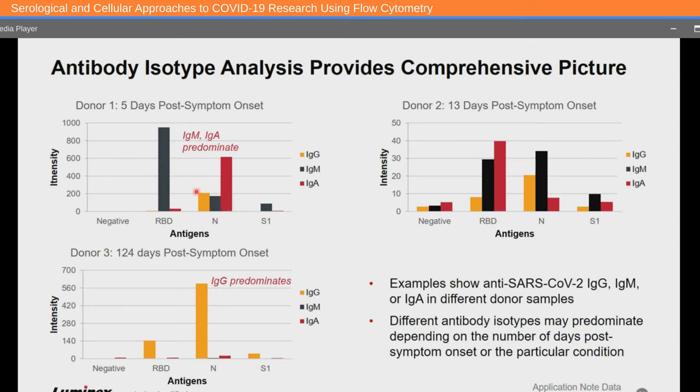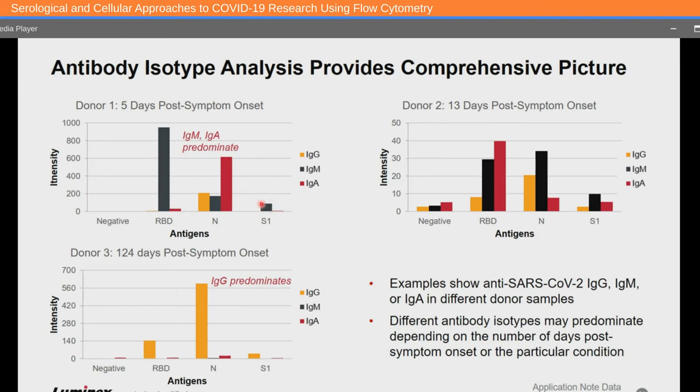But what is really striking is that this donor shows very high levels of IgM antibodies against the RBD antigen. It also shows the presence of an IgA antibody against the nucleocapsid protein. And it's interesting to note that this particular sample showed very high neutralizing activity in an in vitro viral neutralization assay.